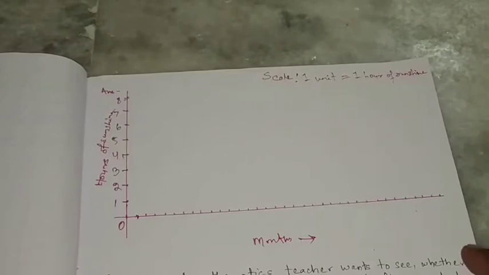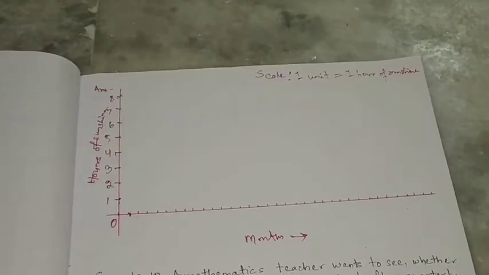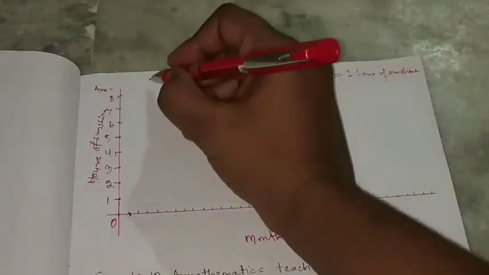I will take for January. So first we will put for Margaret. We'll make 2 bars. One for Margaret, another for Aberdeen. So what I will do?